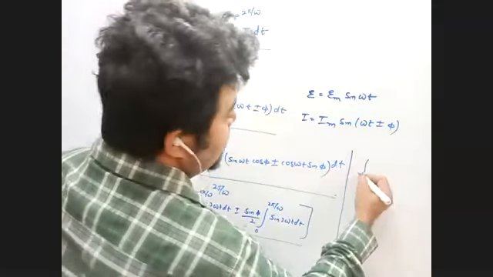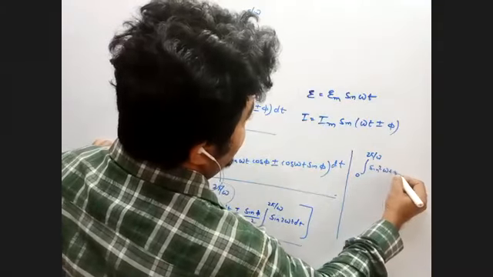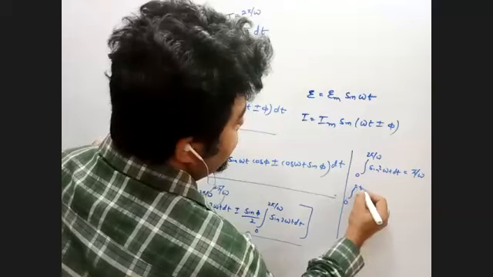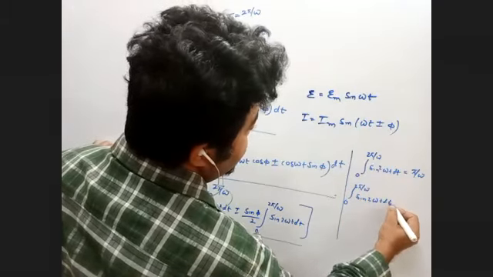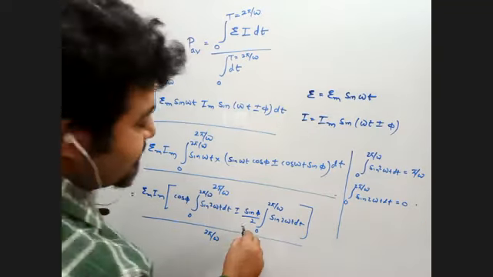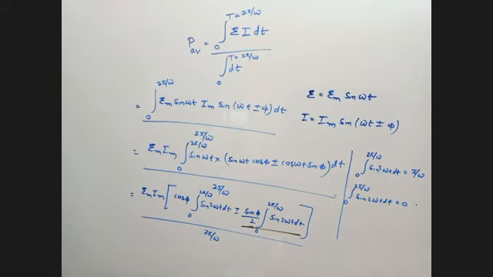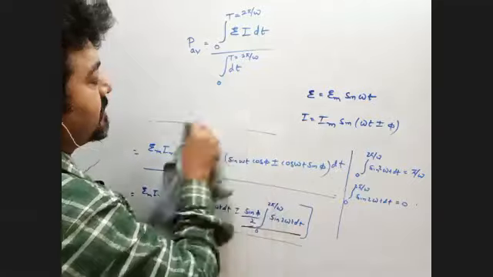One is 0 to 2 pi by omega of sine square omega t dt, that value is pi by omega, and 0 to 2 pi by omega of sine 2 omega t dt, directly you can write 0. So that part is 0, and you have only the other part left.